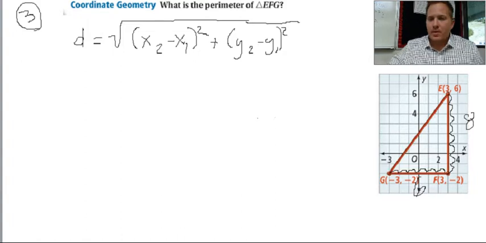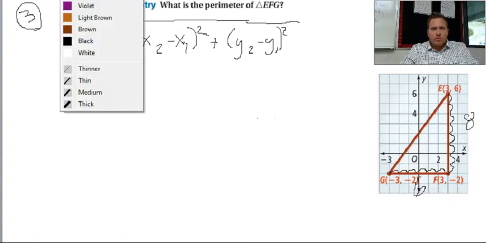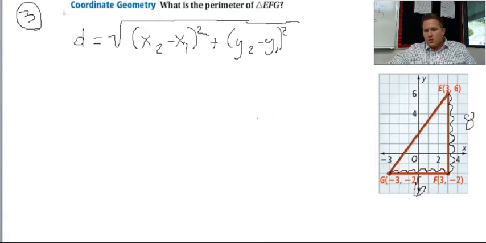Okay, so we are just going to label it. I will put this in red, maybe that'll be a little more clear. So I'm going to look at my coordinate down here, and I'm going to label this as x1, and this is going to be y1, and then up here this is going to be x2, and this is y2. And so I just take those points down and I plug them into my formula.